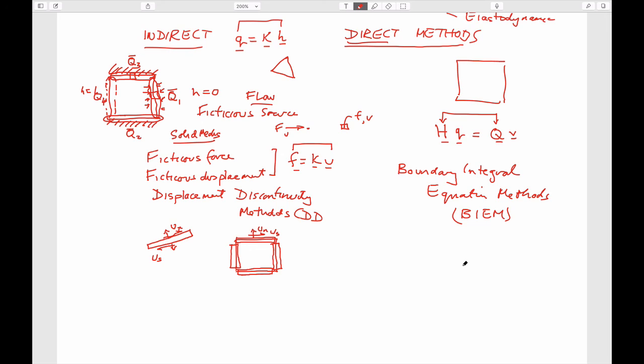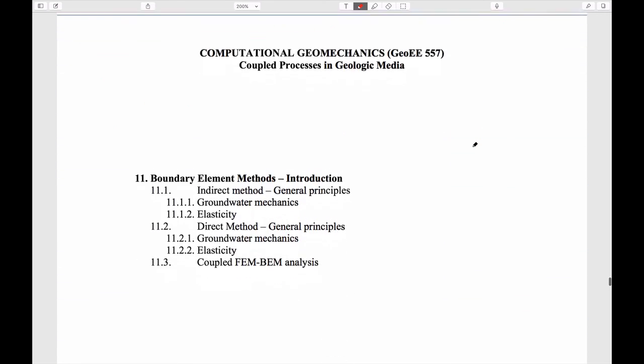And direct methods because you just solve in one step. You can put these two matrices together, you'll know half of these boundary conditions, half of these boundary conditions, and you have a set that you can then solve for. So that's it.